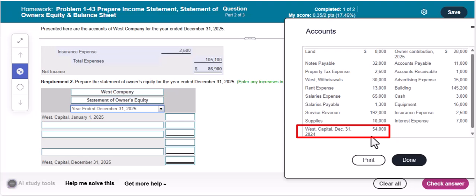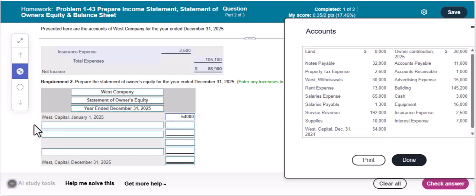So what happens with accounting years is the ending balance of one year becomes the beginning balance of the next year. So again, notice this says December 31st, 2024. So this is the ending balance of that year of 2024, which becomes the beginning balance of this year of 2025. So we can go ahead and input 54,000 here for our beginning capital.